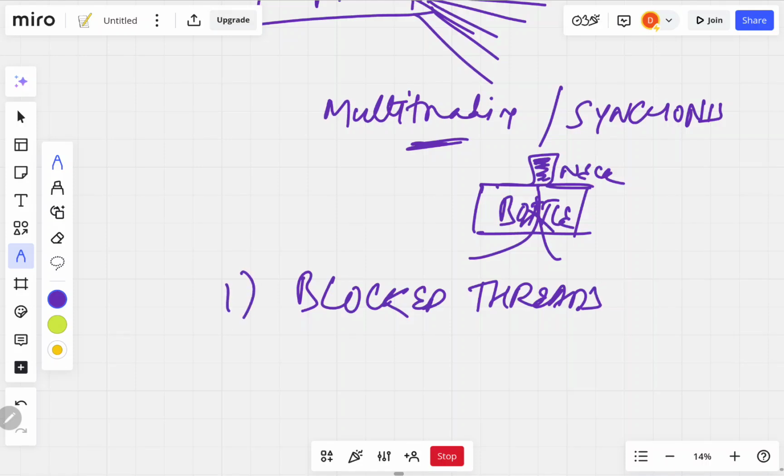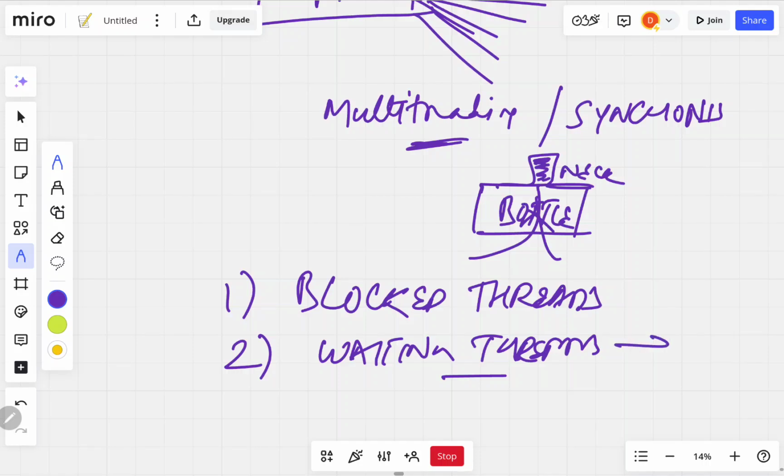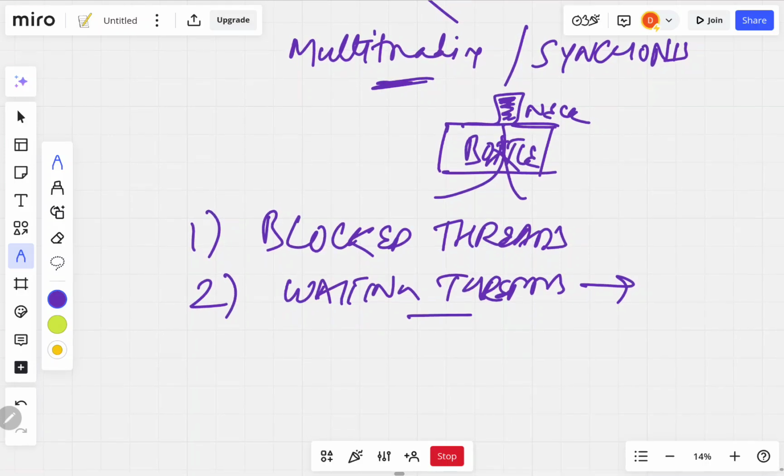Okay, blocked threads, waiting threads, if some thread is waiting to do its thing, right? Suppose it is going to load a dashboard after some computation, and it is the UI thread or whatever that is populating it, it's ready to do its work, but it cannot, it's waiting for something else in its flow. Waiting threads, try to find them.